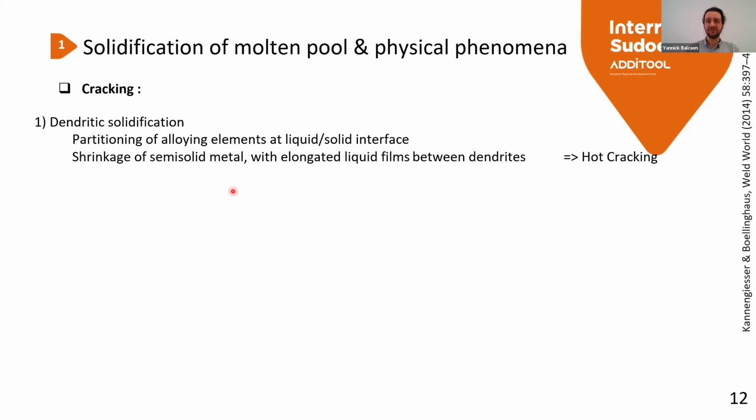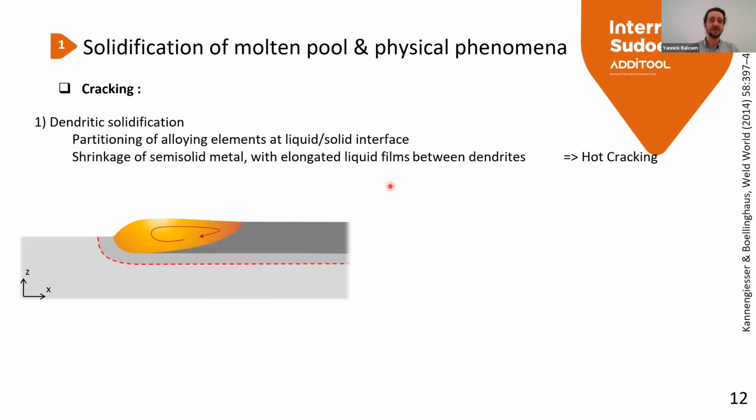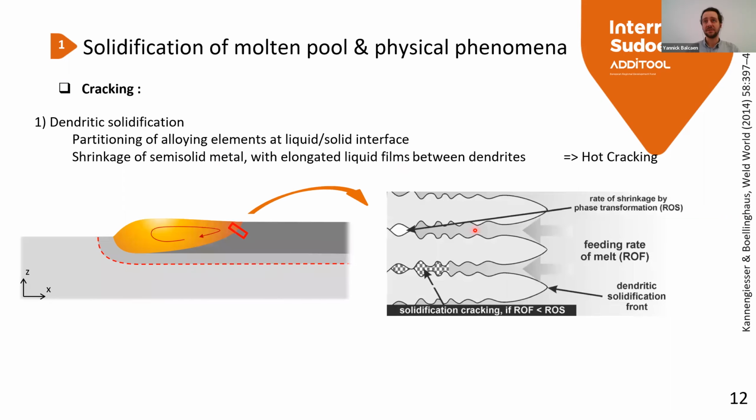So we have liquid phases that have no mechanical properties when submitted to tensions, and so we can observe hot cracking. An explanation is that in the trailing edge of the molten pool, we have dendrites that are growing, and we have liquid phases between dendrites and trapped liquid domains that cannot withstand tension solicitation without opening, without cracking.